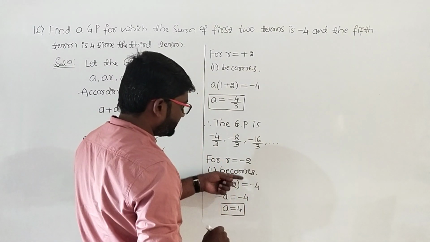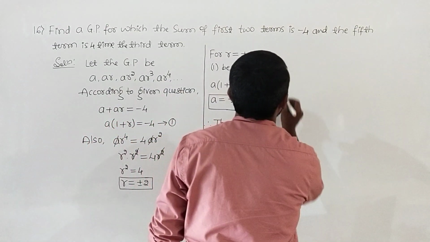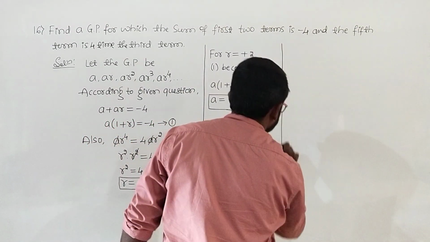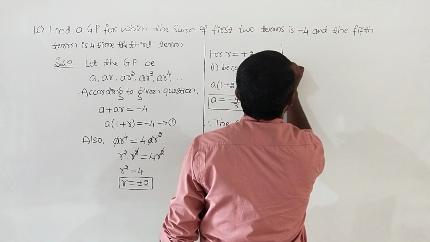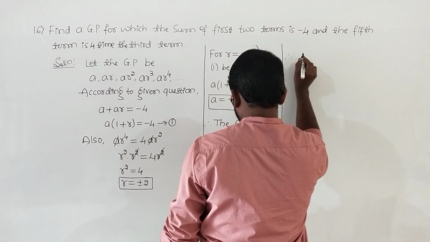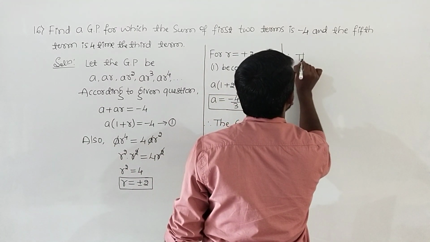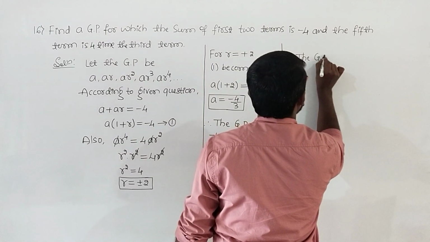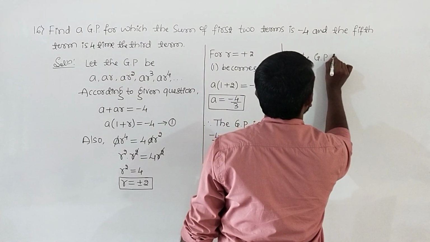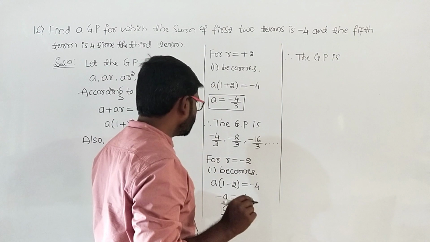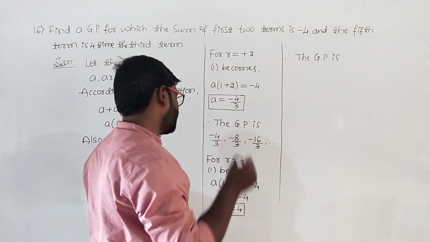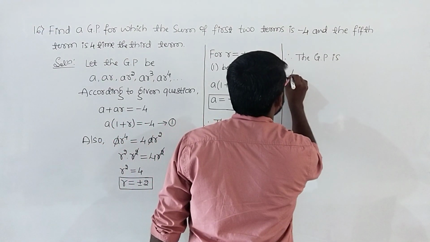Now for this case, we will have to write the GP. Therefore, the GP is A, AR, AR square. A is 4, so write 4.